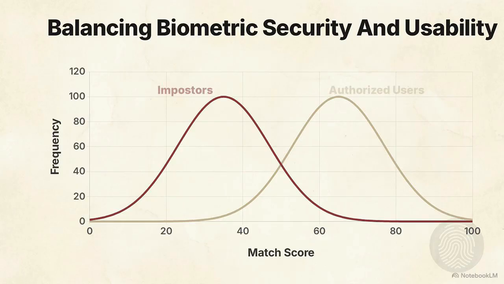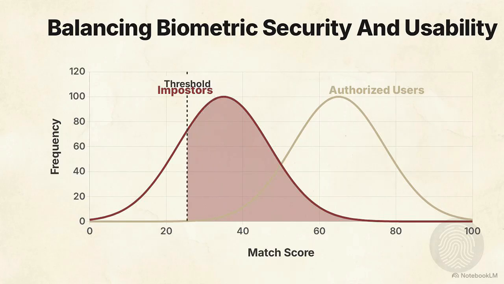The overlapping bell curves represent the match probabilities for authorized users and imposters, divided by a vertical matching threshold. The relationship is strictly inverse. Tightening this threshold to decrease the false acceptance rate inherently increases the false rejection rate. The exact point where these two error curves intersect is the crossover error rate.